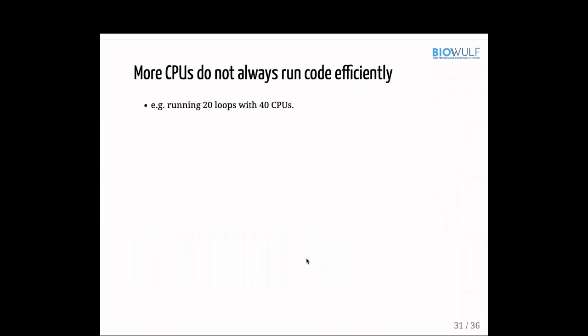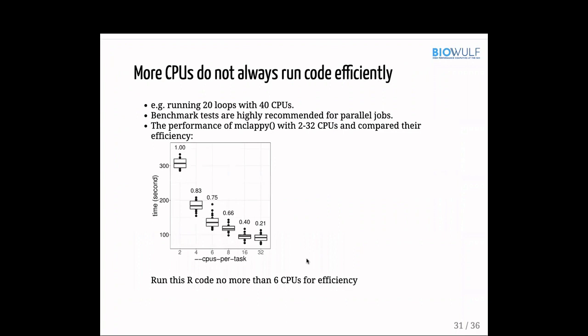For example, if you have a loop over 22 chromosomes, but you submit a job with 40 CPUs, then it doesn't make sense. It will not really use the resource smartly. For the same reason, we normally recommend running benchmark testing, especially for parallel jobs. You can find the code of these cases in our documentation.